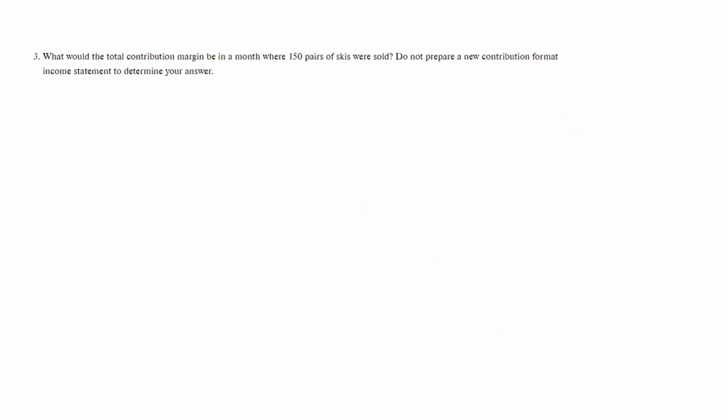Our last required for this question is, what would the total contribution margin be in a month where 150 pairs of skis were sold? And it specifies, do not prepare a new contribution format income statement to determine your answer. It doesn't want us to go through the whole process. There's a really easy way to do this calculation.